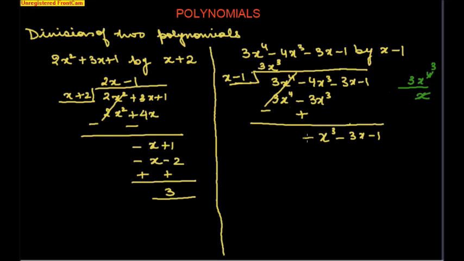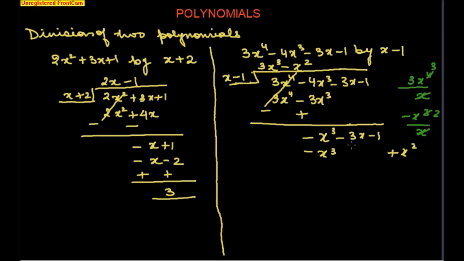Now again we take the first term of this polynomial and we get minus x cube, and the first term here is x. When you cancel them, you get minus x square. So the second term of the quotient becomes minus x square. Multiplied by x, you get minus x cube, and multiplied by minus 1, you get plus x square.